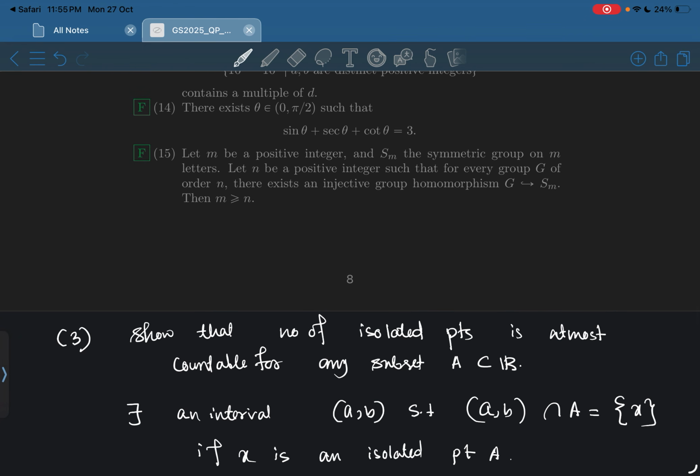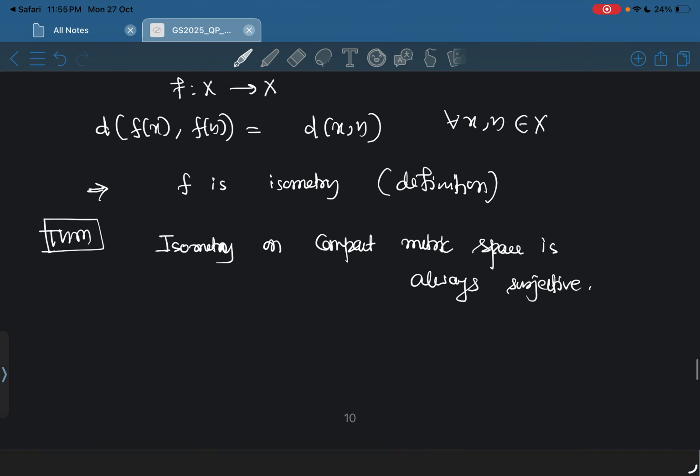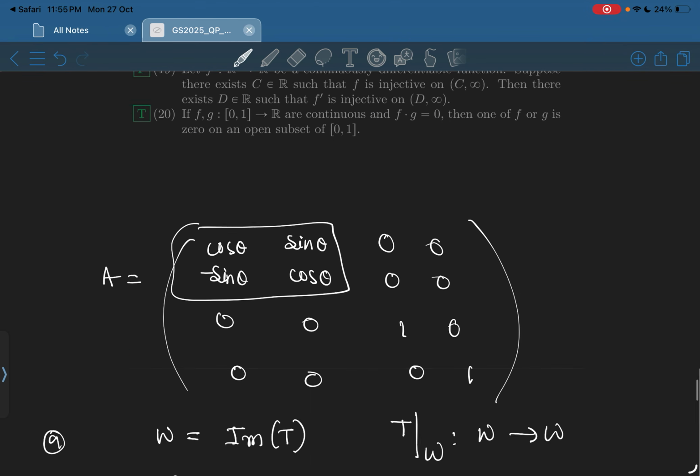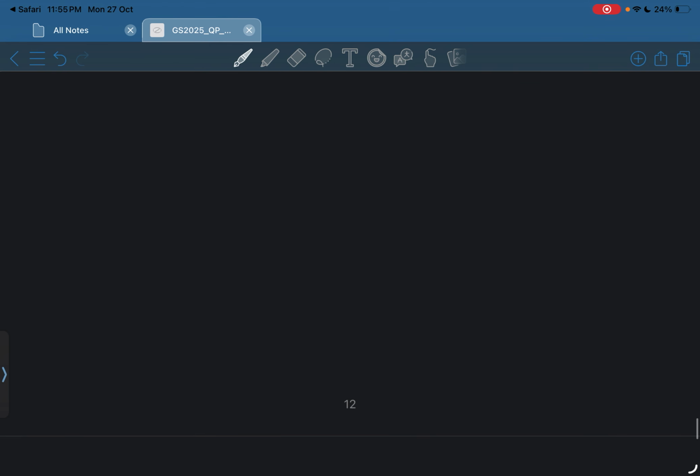So what can we do? This is doable. We want T1 of (1, 0) to be (0, 0). There is no other option, right? This is by definition. Then what should be T1 of (0, 1)?